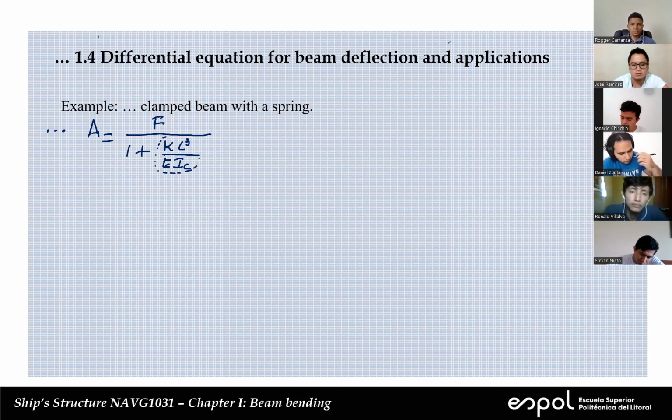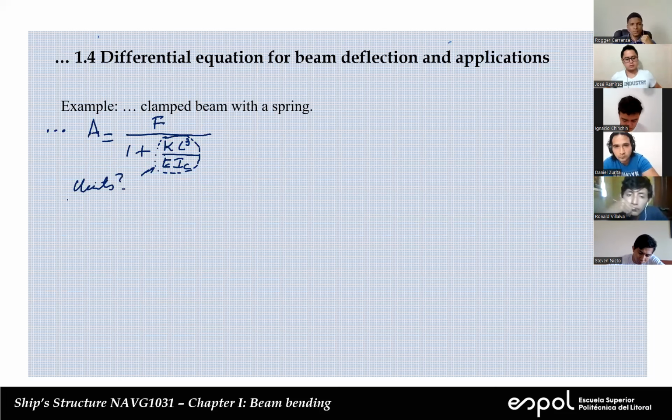Everybody, tell me what are the units of that term? This is non-dimensional. Did you check it, or did you just assume? They have to be non-dimensional, right? Because it's combined with 1.